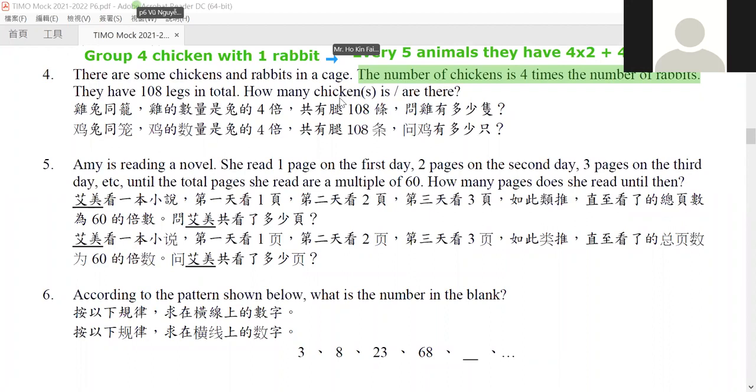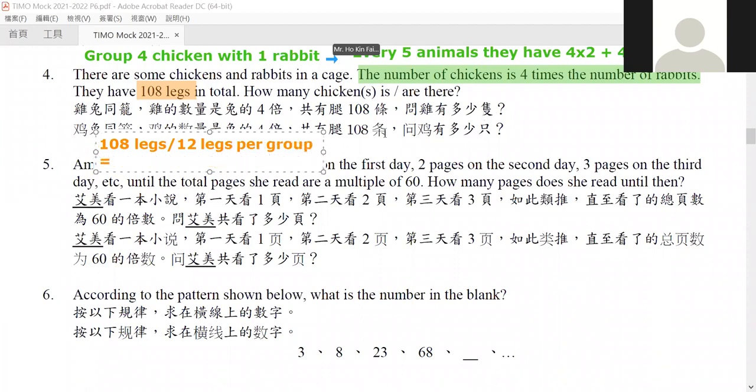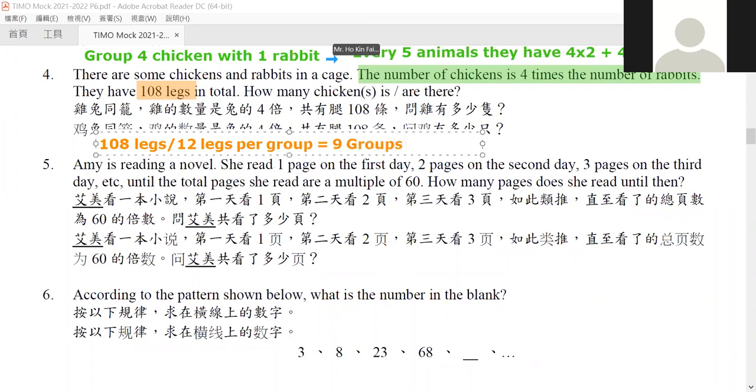But how many legs are there in here? It has 108 legs. So 108, how many groups are there? 108 legs means that if we divide it by our 12 legs per group, it will have exactly 9 groups. But what is the meaning of 9 groups?